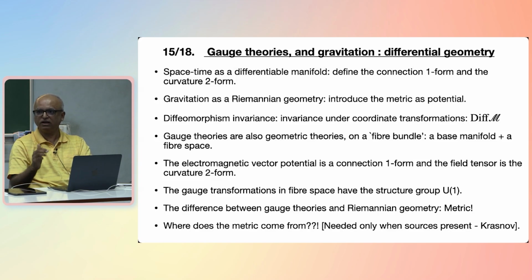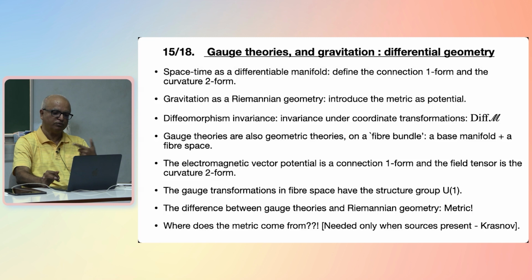That you roughly get the idea. So today we'll talk more about that. The electromagnetic vector potential is a connection 1 form that I said, and the field tensor is the curvature 2 form. The gauge transformations in fiber space have the structure group U1. So the transformations belong, I'll define structure group today.